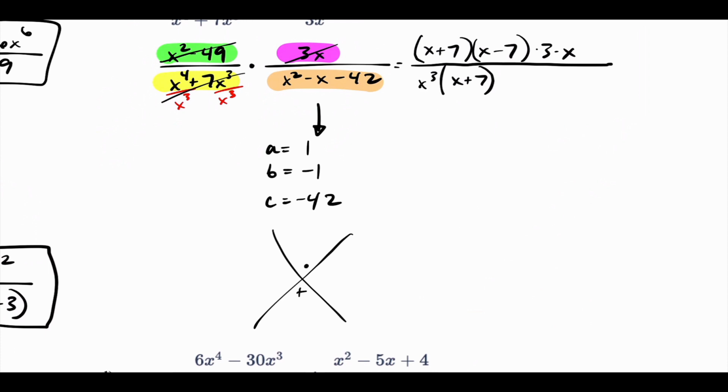It's got to multiply to be negative 42 and add to be negative 1. So what two numbers multiply to be negative 42 and add to be negative 1? Yep, there it is. Negative 7 and 6. Negative 7 is negative, 6 is positive. Good.